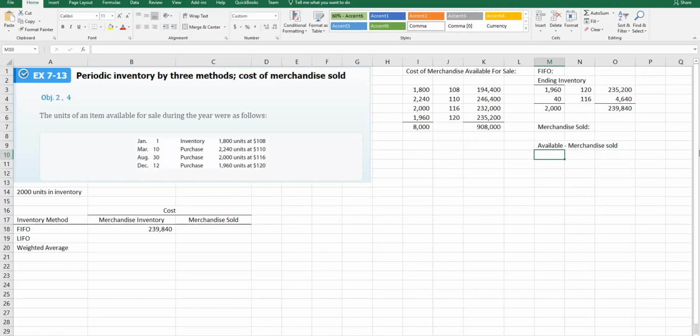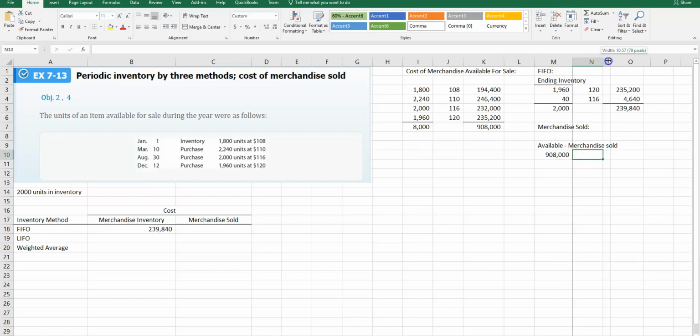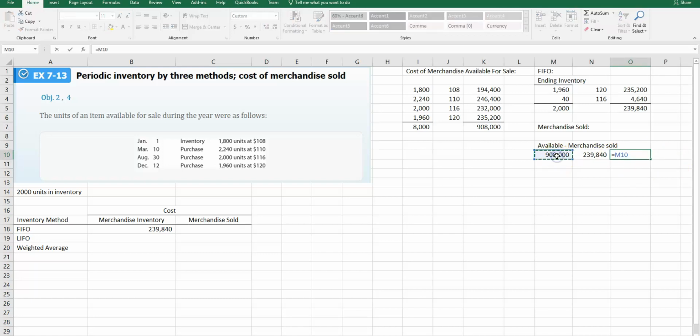Here we know the available amount is 908,000, and the ending inventory is $239,840. So we can do a subtraction: 908,000 minus this gives us the cost of merchandise sold under the FIFO method.